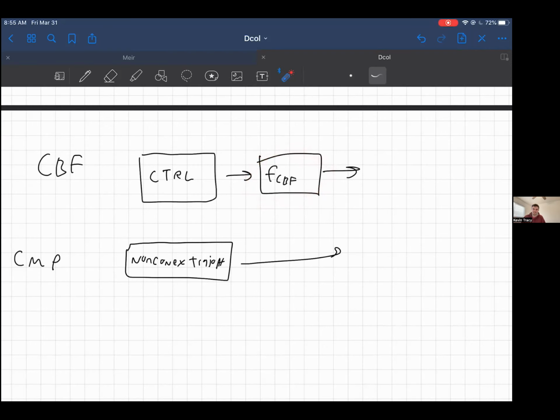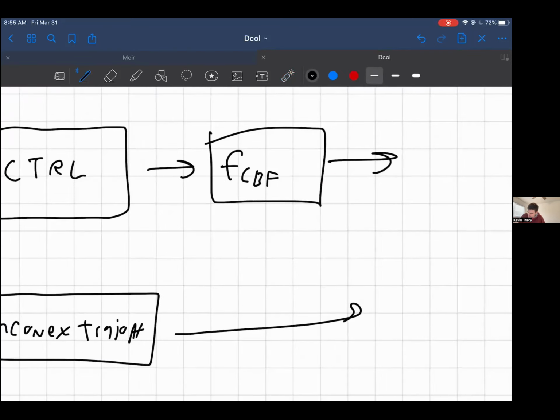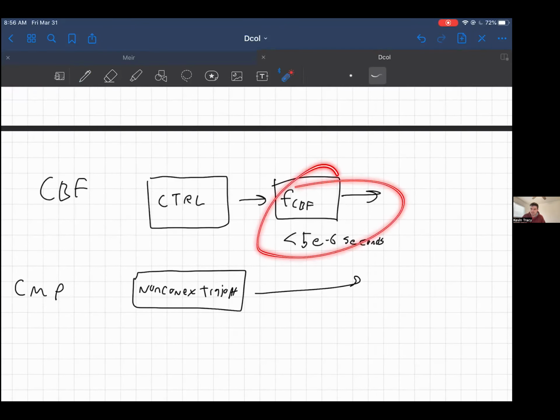You could easily do this in somewhere between 1 and 4 microseconds. So this is 1e-6 seconds. So I'll just say conservatively, if written correctly, this is always less than 5e-6 seconds. So putting a control barrier function on there adds such a small amount of computation. It's not even funny. It costs nothing to solve this problem because it's so small.